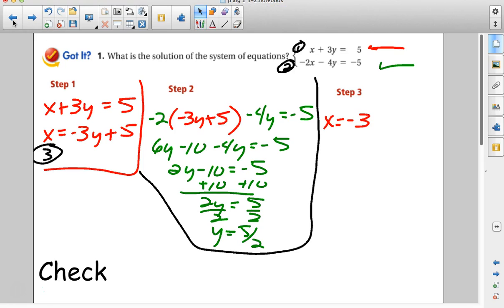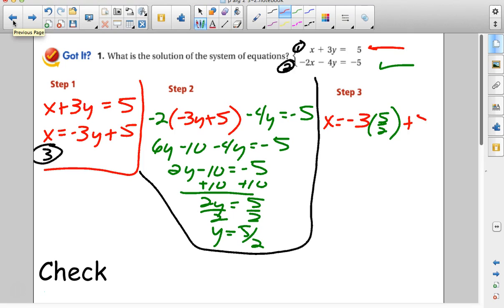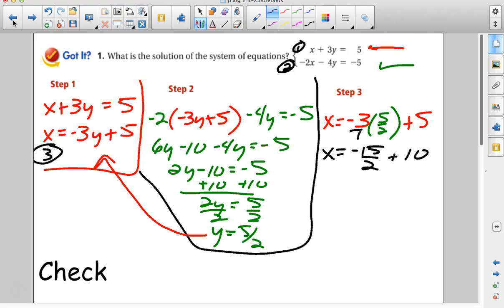negative 3 times our little 5/2 plus 5. Just put that right in there. So we'll have x equals, remember it's like a negative 3 over 1, so negative 15/2. What's 5 in halves? So what do we get?